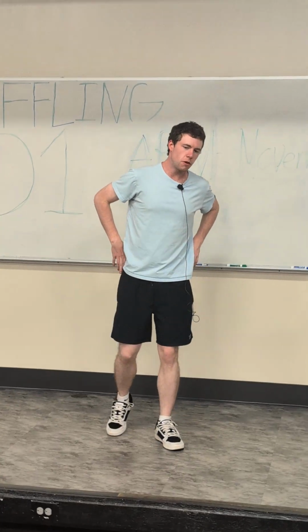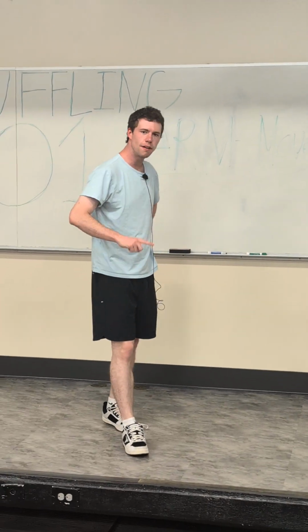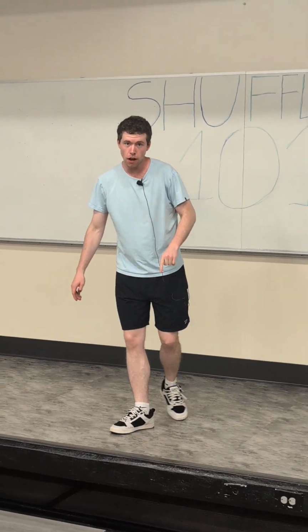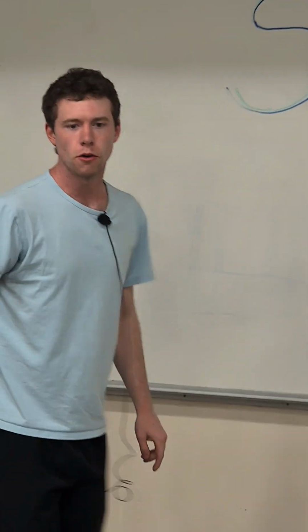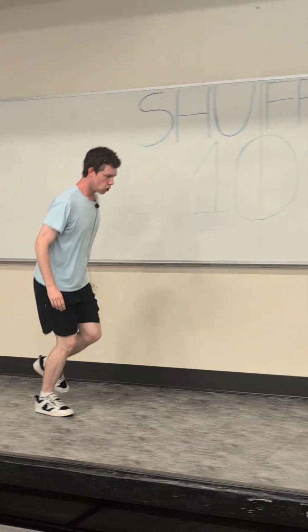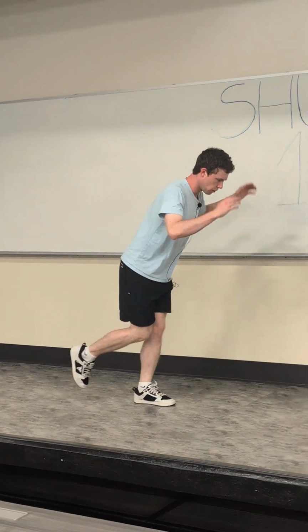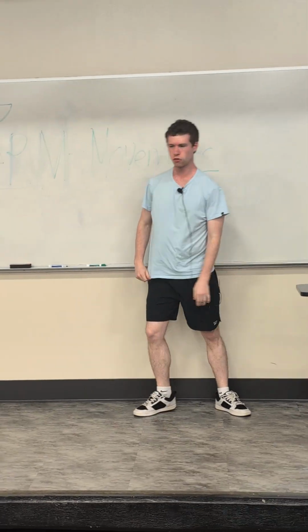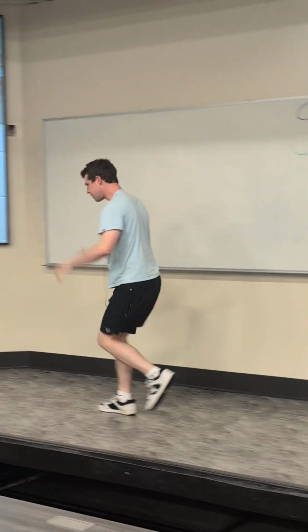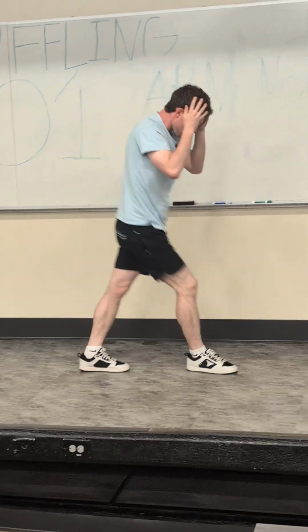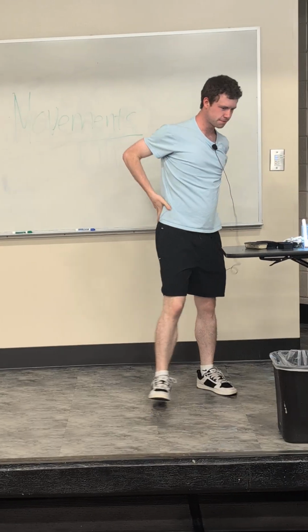Let's see, what's another one? Oh yeah, Radissol's headache. One of the best off moves ever. So what you want to do is, when you're doing your running man and you go back, all of a sudden you just walk forward, and you just have your hands on your head like this. Just walk forward like that. But you gotta do a little bit better, like kind of a half running man.